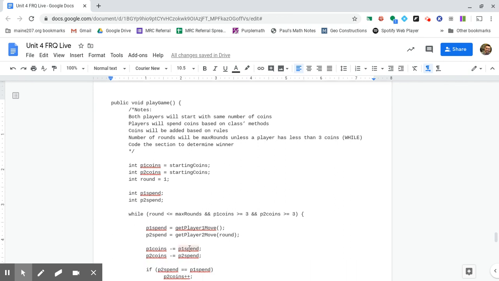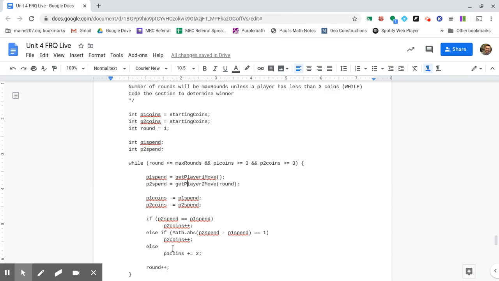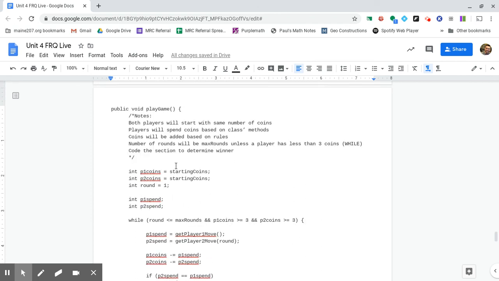Of course, coins are then reduced or taken away from their current amount. But then you need to incorporate the rules. That was a big part of this, understanding how you were going to change their coin totals based on the rules.